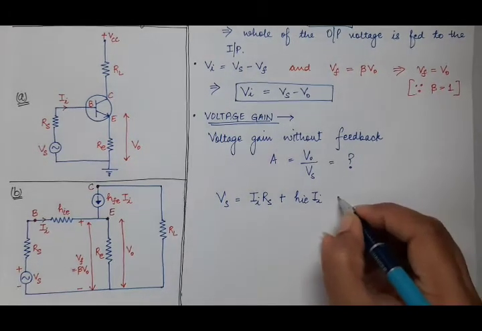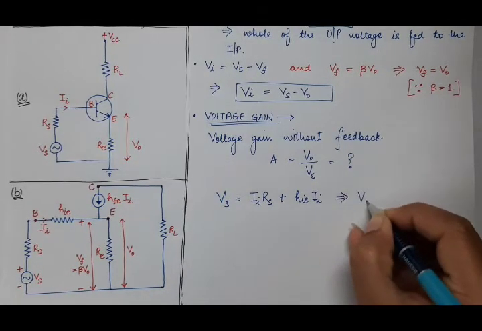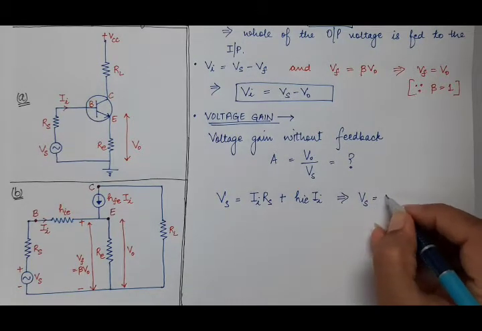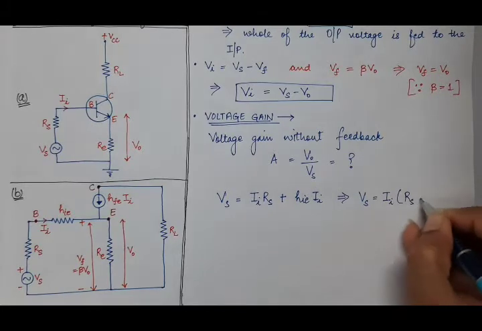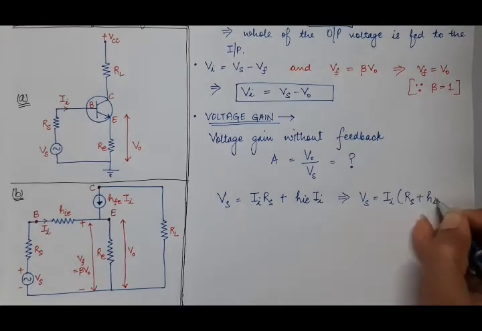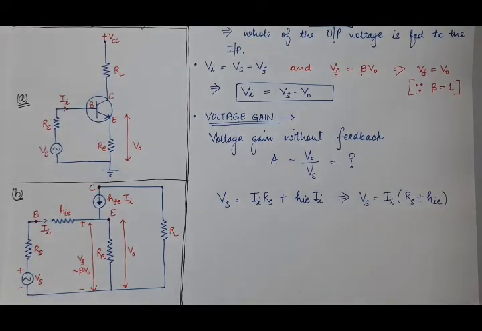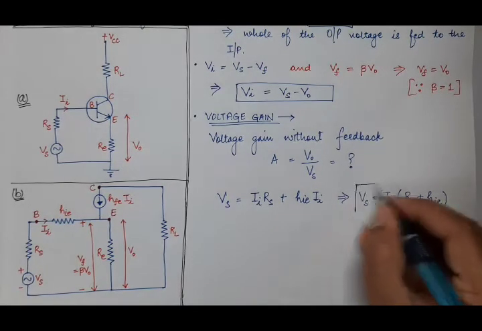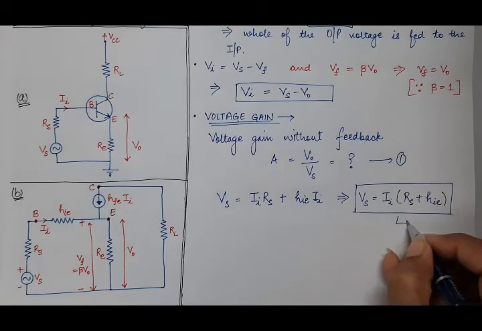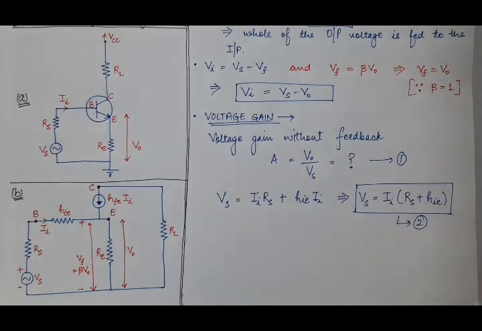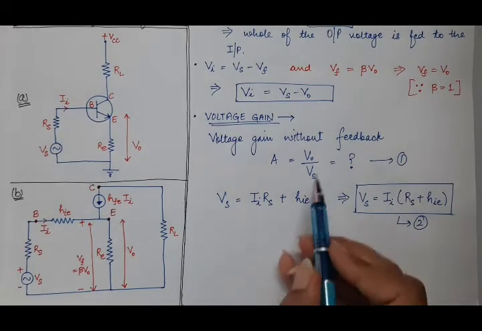So Vs is equal to, taking Ii common, Ii times Rs plus hie. Suppose this is equation 1 and this is equation 2. Now we have to find the value of V0.